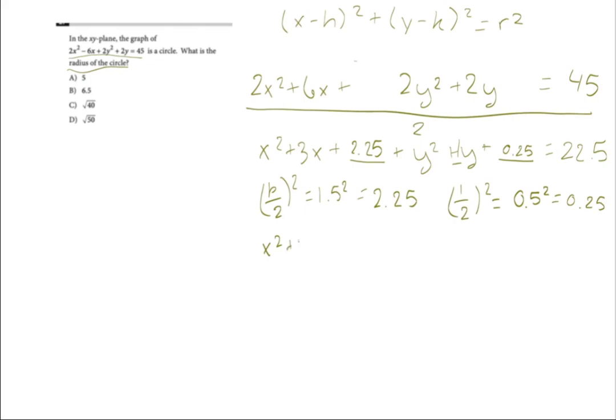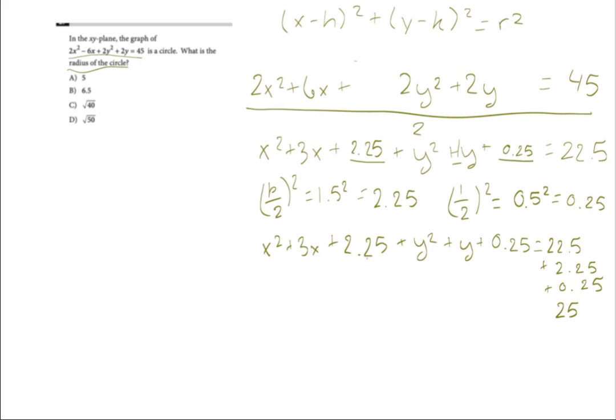So I'm going to rewrite this like this. And then once you've added 22.5 plus 2.25 plus 0.25, you end up getting that this side is equal to 25. And now the whole point of the completing the square thing was that we can turn each of these into a square that looks like our x minus h squared and our y minus k squared.